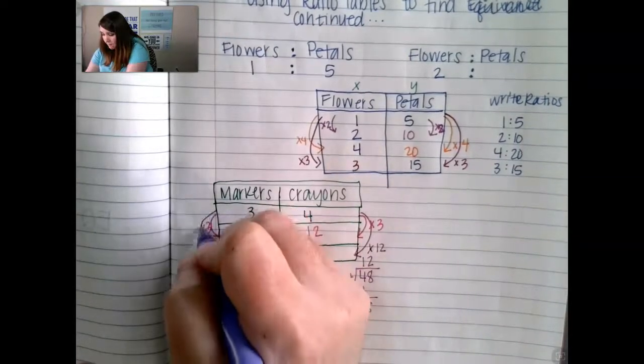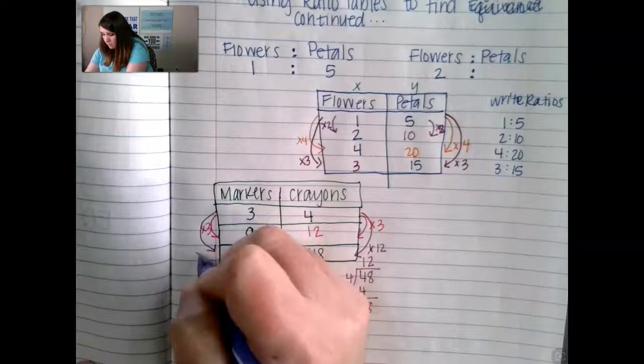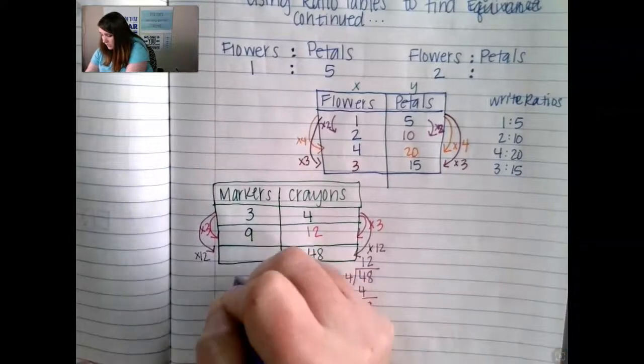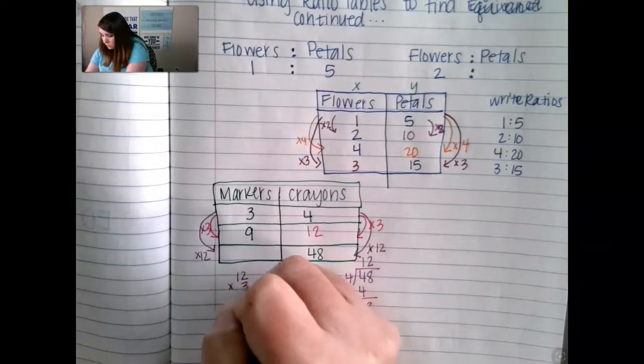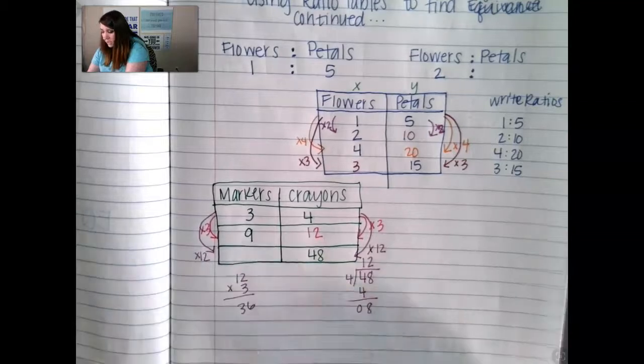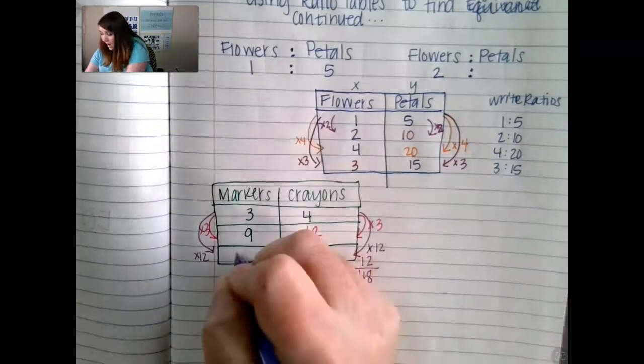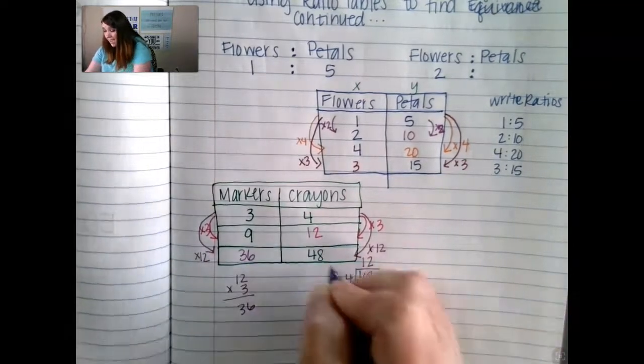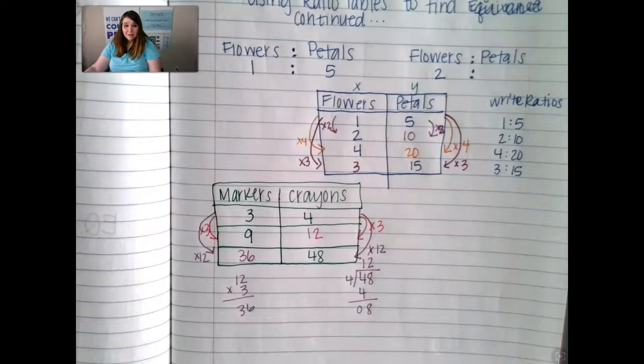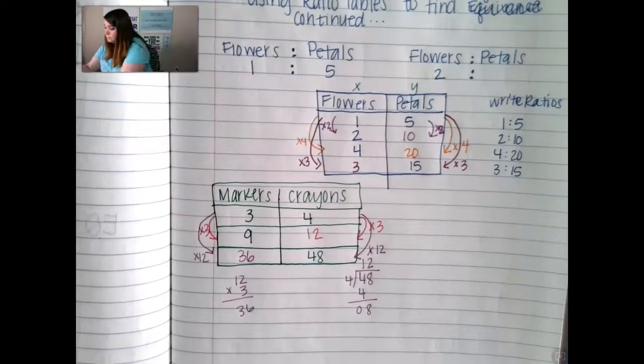So on this side, I'm also going to multiply by 12. So 12 times 3 gives us 36. So when I have 36 markers, I have 48 crayons. All right, let's write these ratios out.